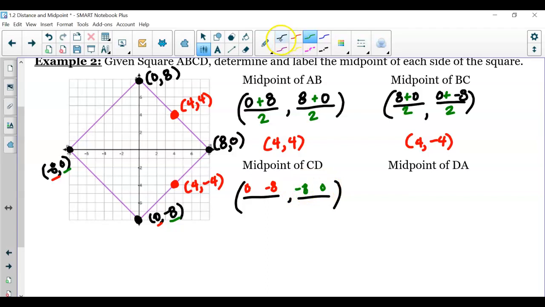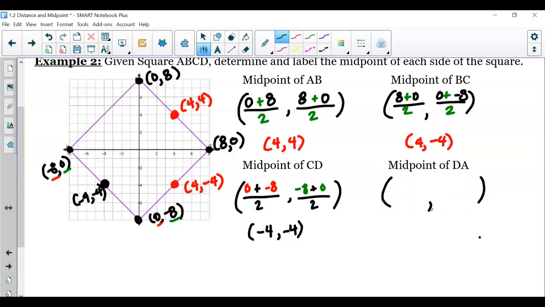Again, we're going to add the two coordinates, divide by 2. So now here we have the midpoint of negative 4, negative 4, which matches visually here, negative 4, negative 4. So go ahead and set up the last segment on your own, set up the formula, and then we'll check and make sure that it matches visually.